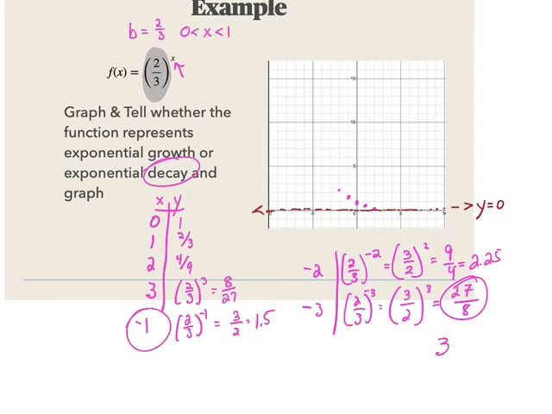That's 3 and 3/8. So 3 and 3/8 at -3 would be about 1, 2, 3, and 3/8. A little short of a half. And that's enough. Just sketch in what our graph looks like.